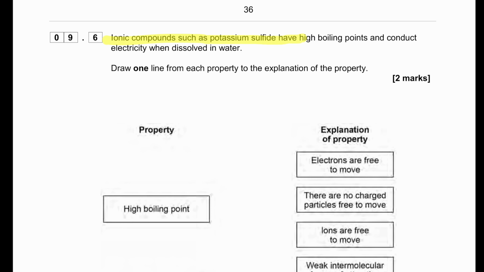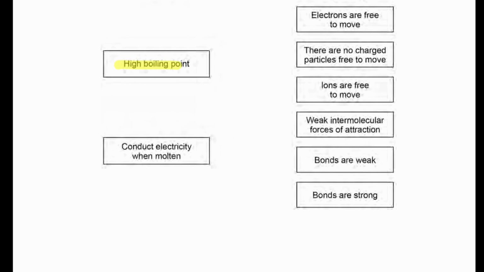Ionic compounds such as potassium sulfide have high boiling points and conduct electricity when dissolved in water. Draw one line from each property to the explanation of the property. So when it comes to high boiling point, why would they have a high boiling point? They would have a huge amount of attraction between the positive and negative ions.